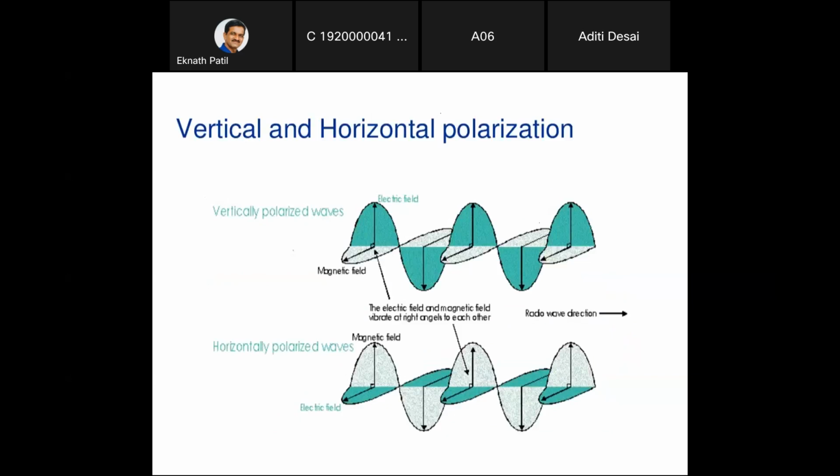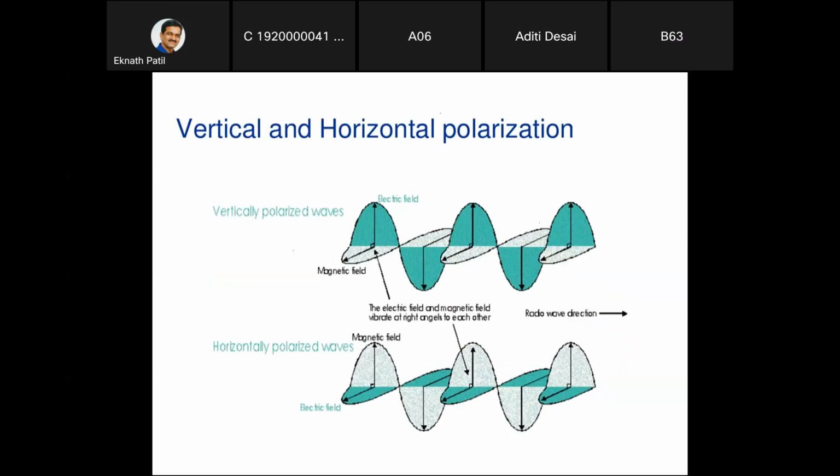Okay, and I have given an example related to it. In the case of ground wave propagation, we normally use vertical polarization. We are not using horizontal polarization because the earth is a mixture of semiconducting, conducting and other things, so the effect is complex.